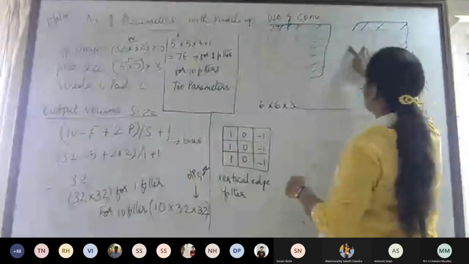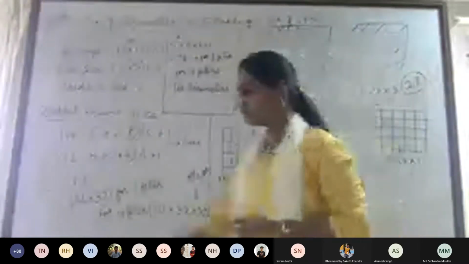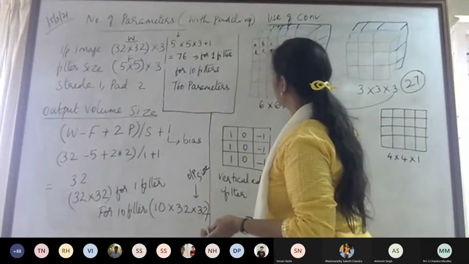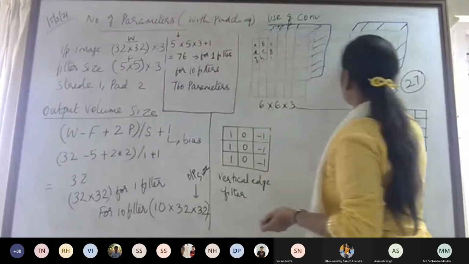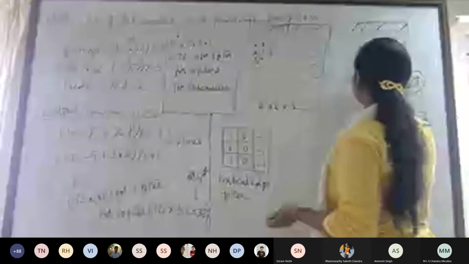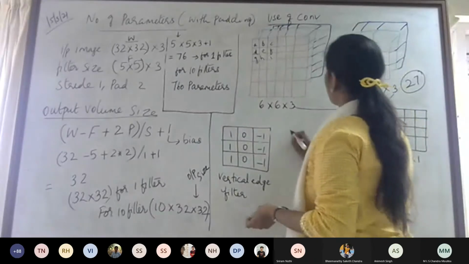So what happens? You will be performing a multiplication element by element. This into this, maybe I'll write A, B, C, D, E, F, G, H, I, and here I will write 1, 2, 3, 4, 5, 6, 7, 8, 9. So now what happens?